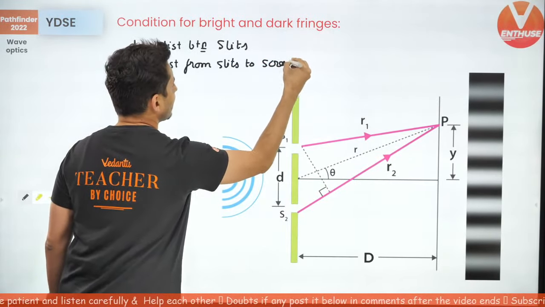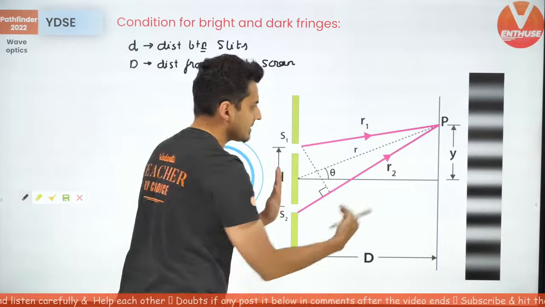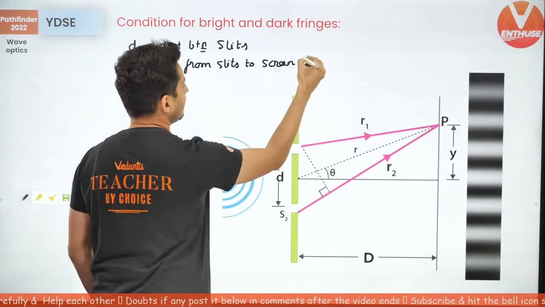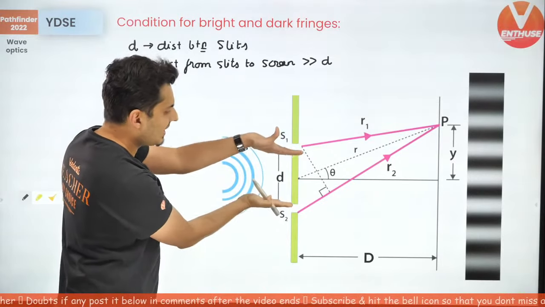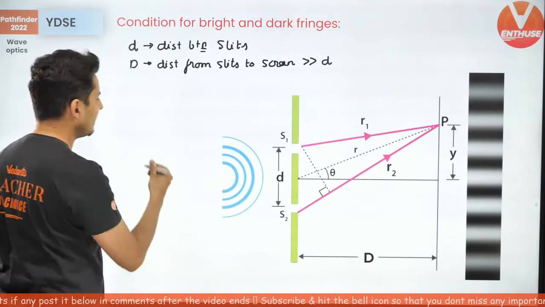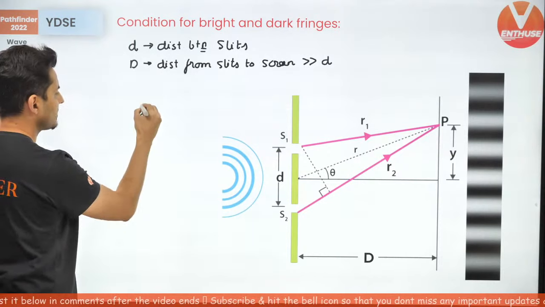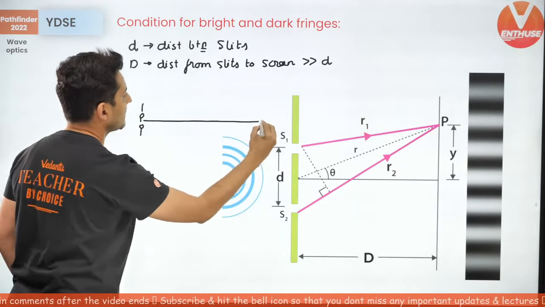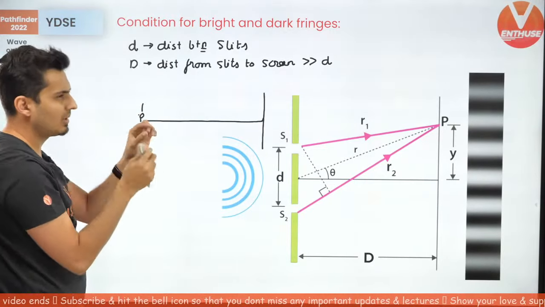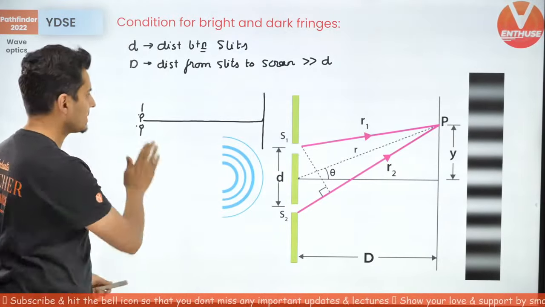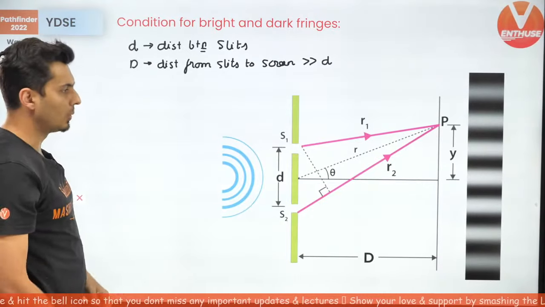You can see the capital D is the slits-to-screen distance, and this is generally much larger than small d because the slits are very close. This distance is very large. These two slits could be here and maybe the screen might be here. So these two are very close, very narrow, close to each other. That's one thing which you should know.